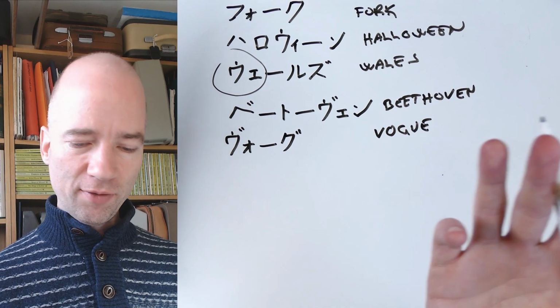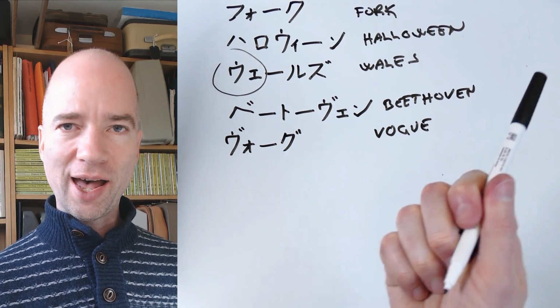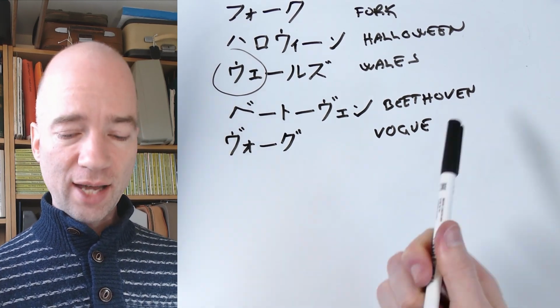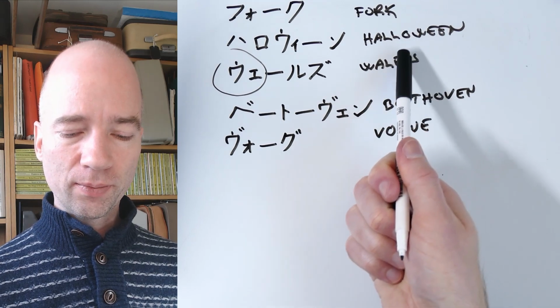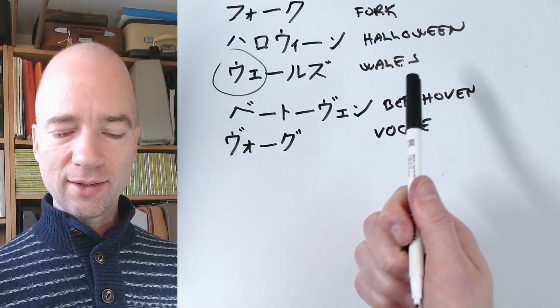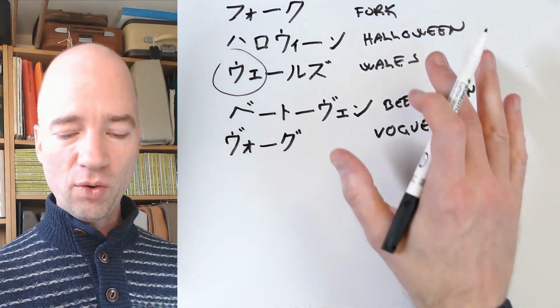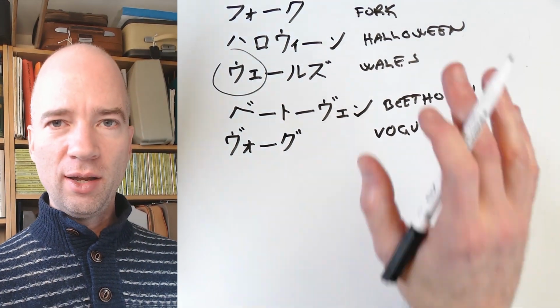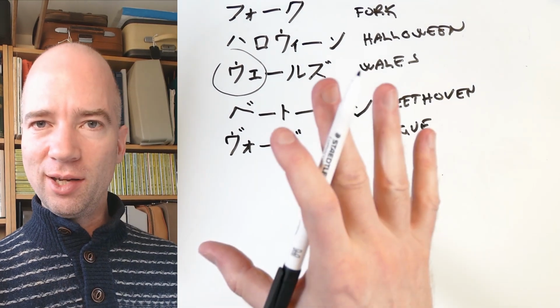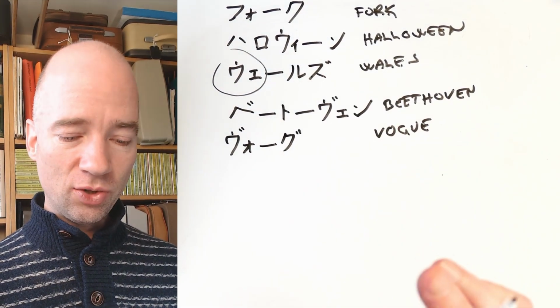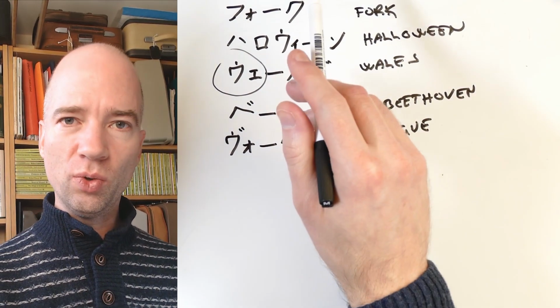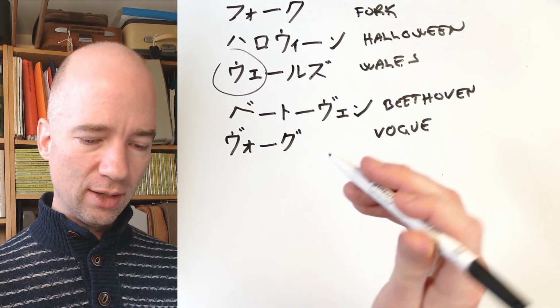Another thing that you may have noticed already is that when you have a consonant at the end of a word that, of course, in English doesn't have a vowel after it, the tendency in Japanese, for good reason, is to use the U line of the syllabary.